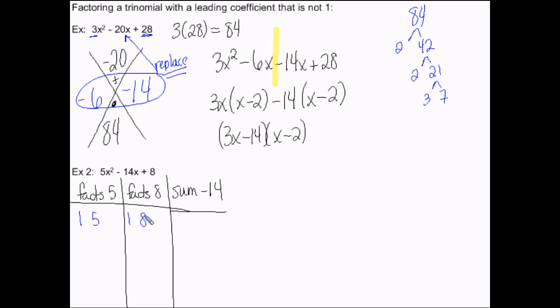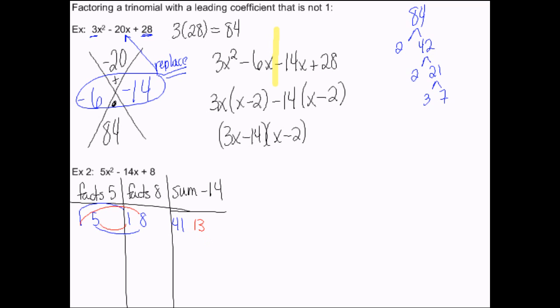If I use 1 and 8, I have 1 times 1 and 5 times 8. You have to kind of FOIL them, sort of. So if I did that, it's going to add up to 41. Or I can do 1 times 8 and 1 times 5, and 8 plus 5 is 13. So it's still not what I want.